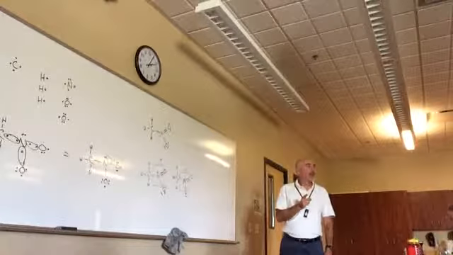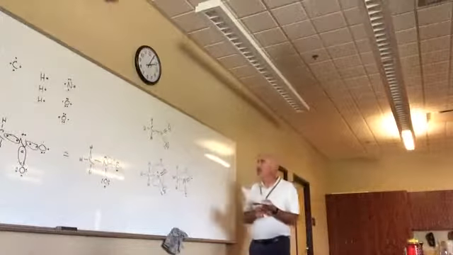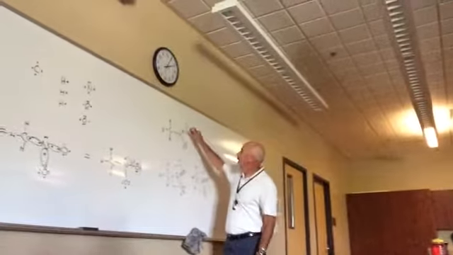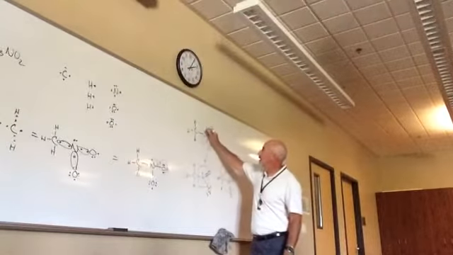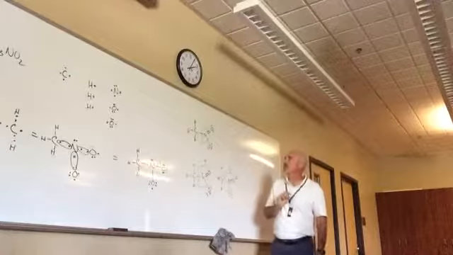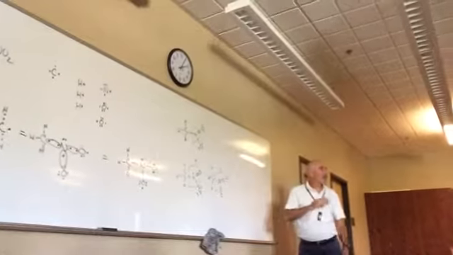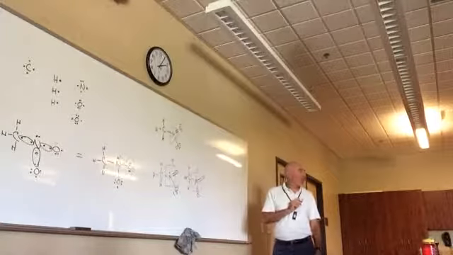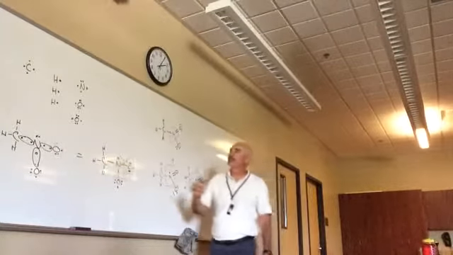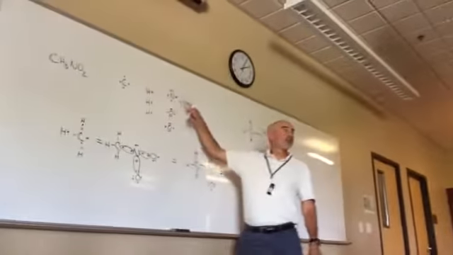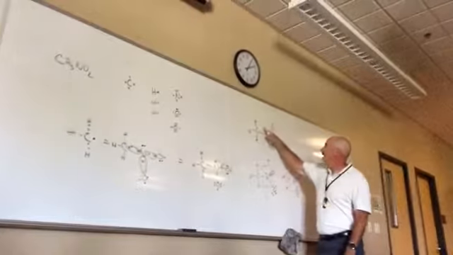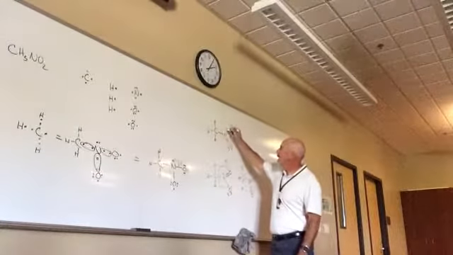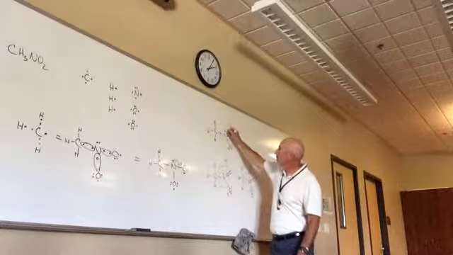But if I go back in and look at how many electrons nitrogen now has in its bonding pattern, it's only 4. And how many does it want? 5. So that means that nitrogen is a plus charge.